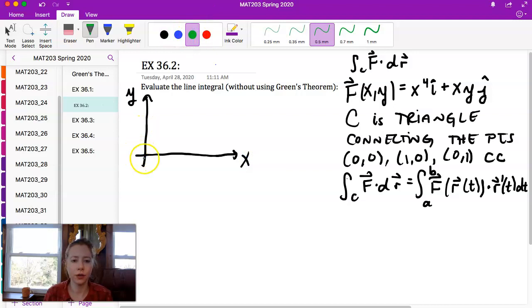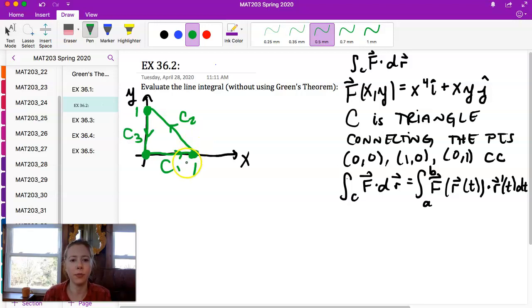We'll mark the points (1,0), (0,1), and (0,0). And let's label C1, C2 and C3. Okay, so there's our curve.